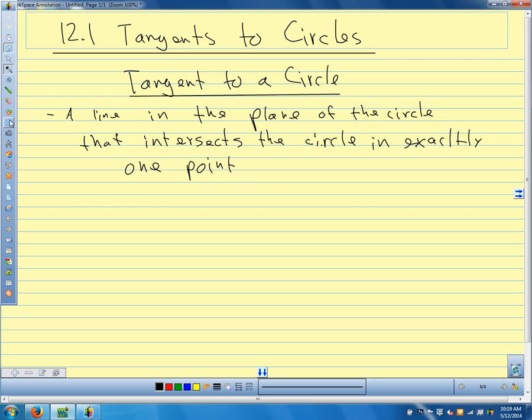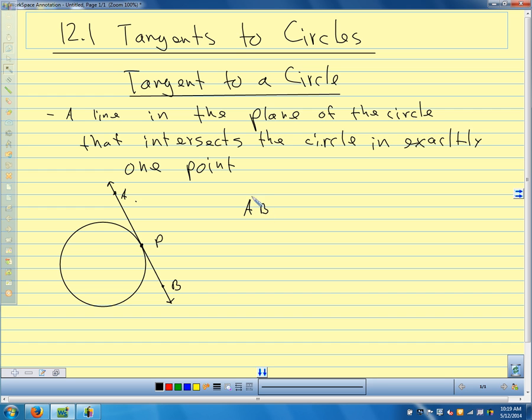So if we had a picture, to draw a picture of our tangent, we would have our circle like so, and then our tangent line would look like this. And call that point P, and I'm going to call this line AB. So we call AB the tangent line. And I'm just going to draw an arrow.